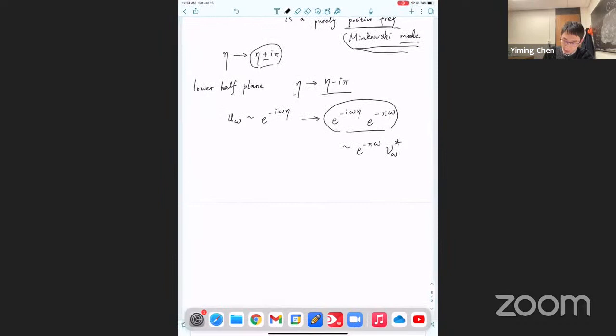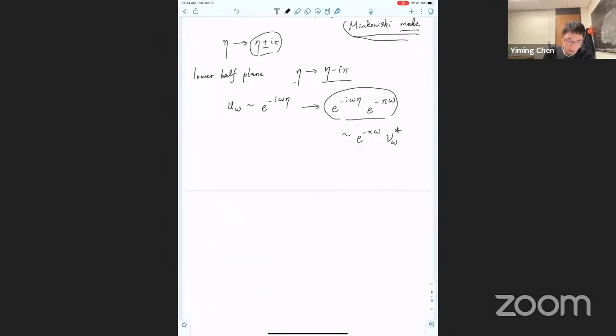So after all this argument, what I argued is that the combination u omega plus e to the minus pi omega v omega star will be a function that is supported on the entire space, and you can continue into the future and past wedges as well. It will be a function defined on the entire space, and it will only have the positive Minkowski frequencies.